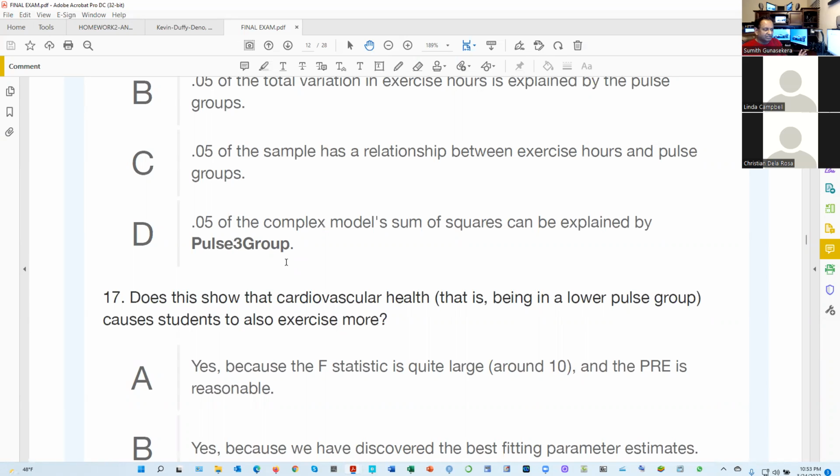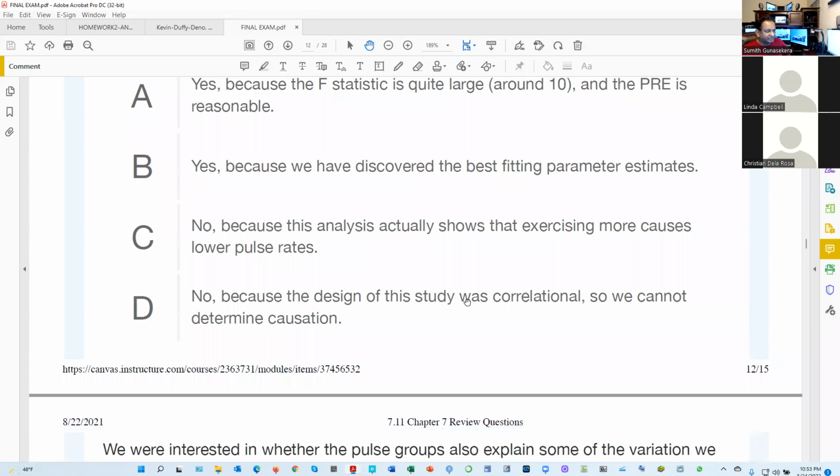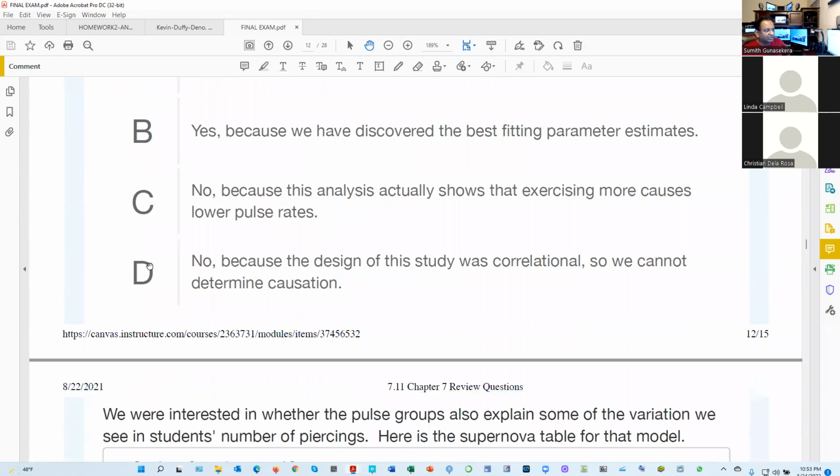That's it. We are not the experts to explain the rest. The rest is up to the people in the medical field. They will decide the rest, because we are only studying the correlation. We are having a correlational study, not causation. So the answer is D.